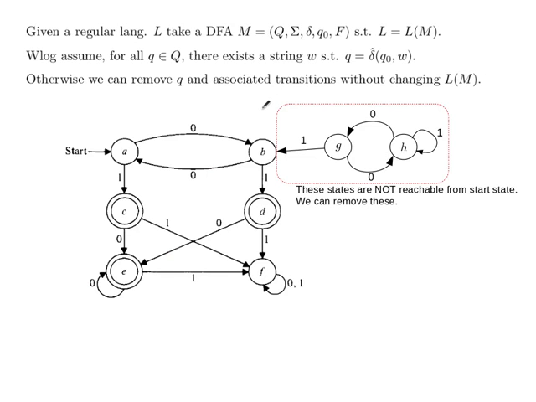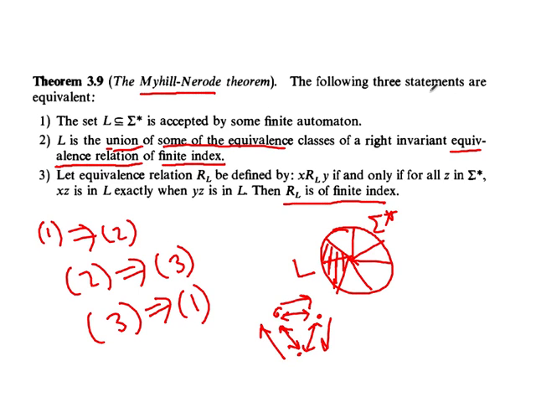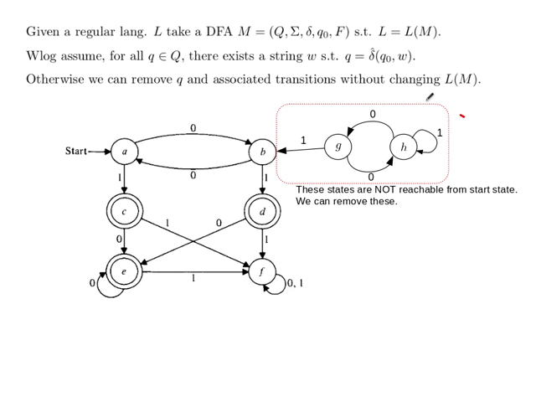So we first address the first part, 1 implies 2. Before starting, we should say that given a regular language L, we can take a DFA M, and as I said, throughout this talk, our delta will be a total function.